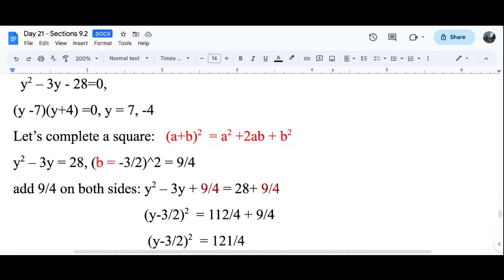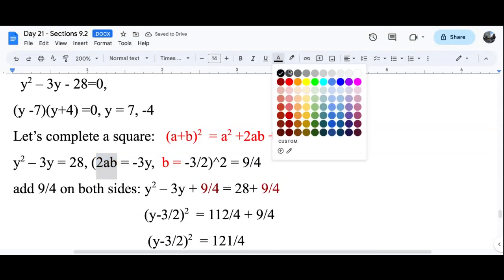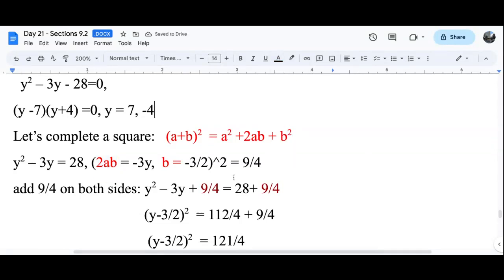So 2ab in this case is the second term, and 2ab is negative 3y. And what's a?